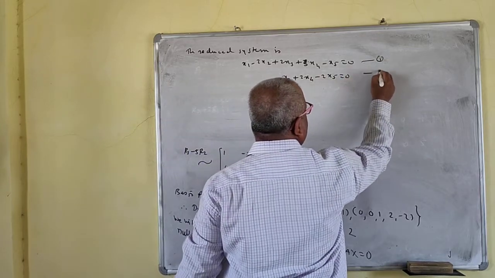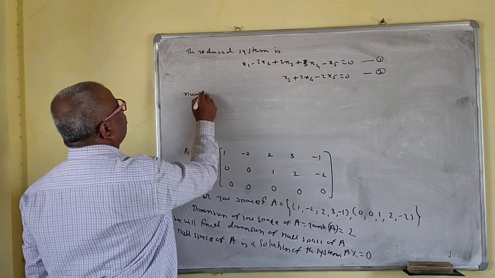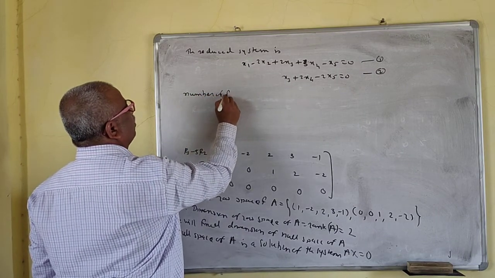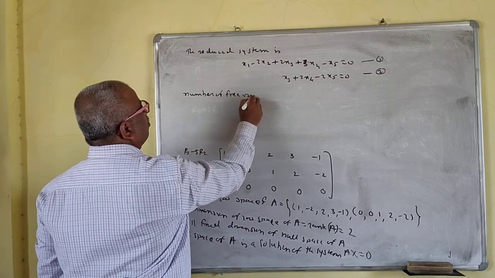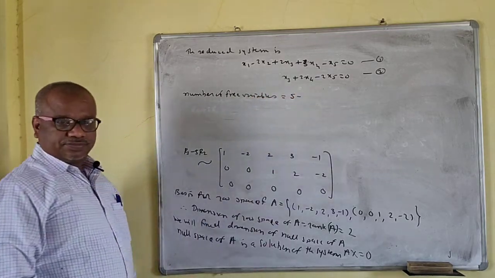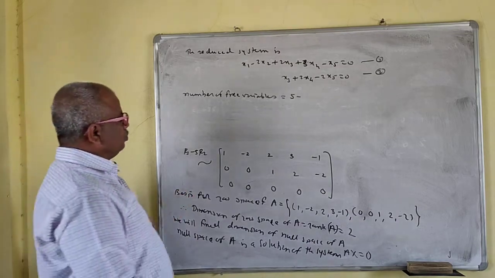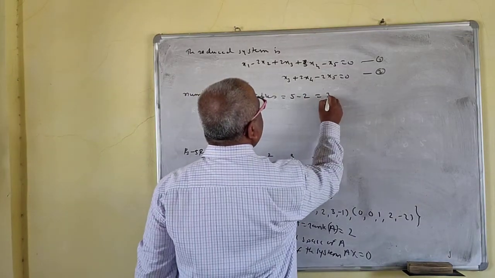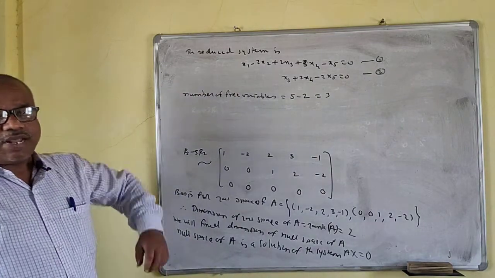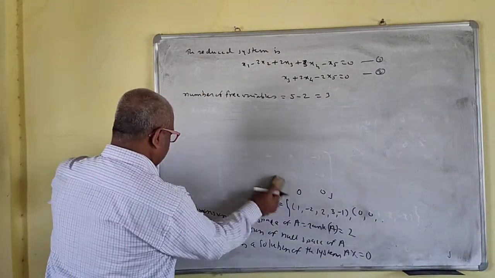We call this as 1 and this as 2. Okay. So the number of free variables is 5 minus how many? The rank of the matrix is 2, so 5 minus 2 is 3. So you have to keep 3 variables as free variables. Okay, we don't need this now.